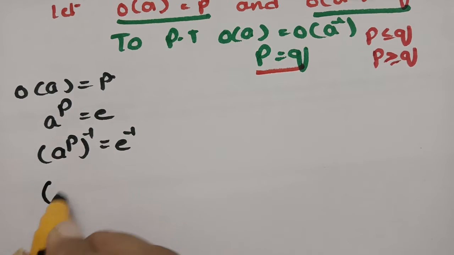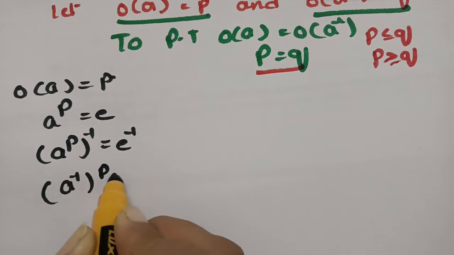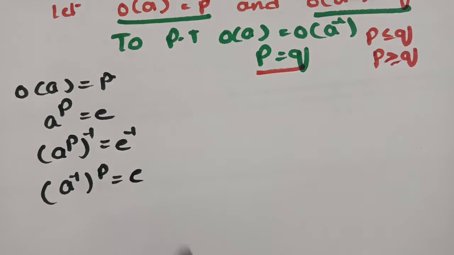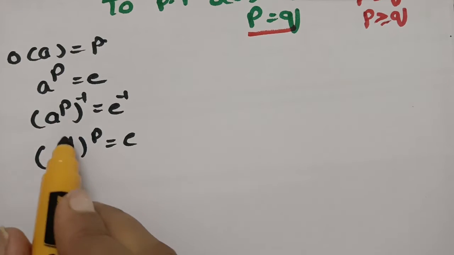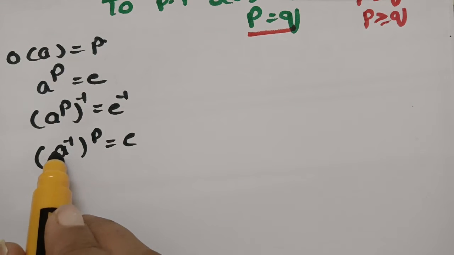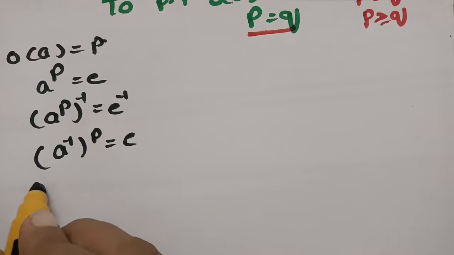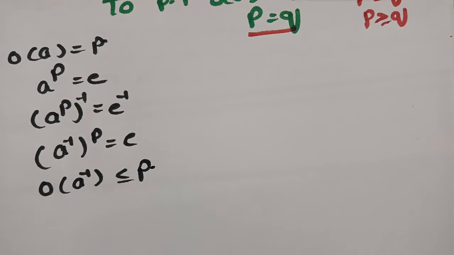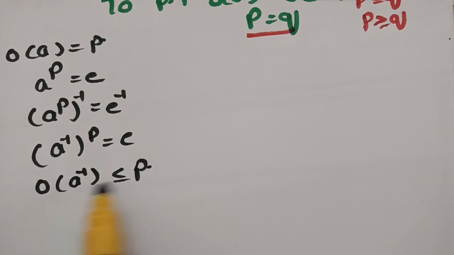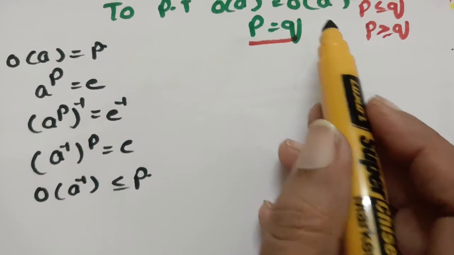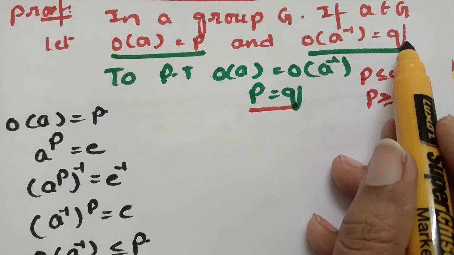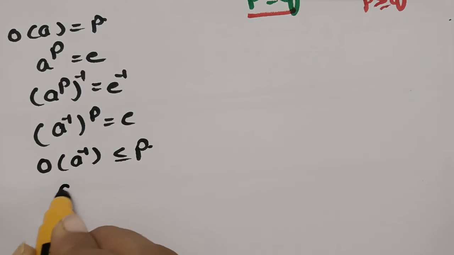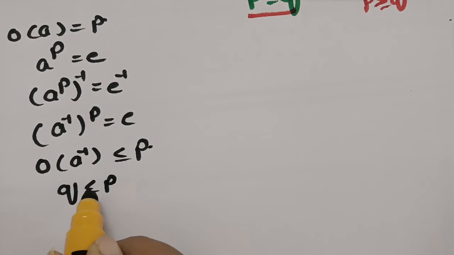I am writing this as (A inverse) power P is equal to E inverse, which is again E. Therefore, according to the definition, order of A inverse is less than or equal to P. The order of A inverse is nothing but Q here. Therefore Q is less than or equal to P. So this is the first case here.